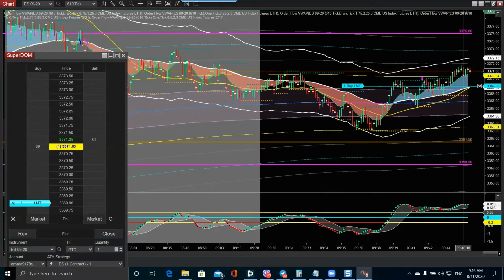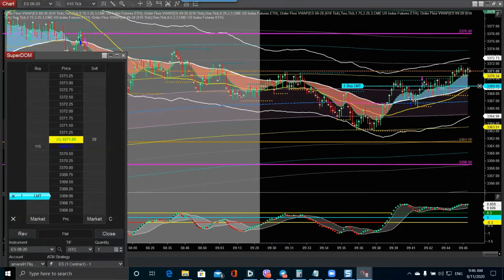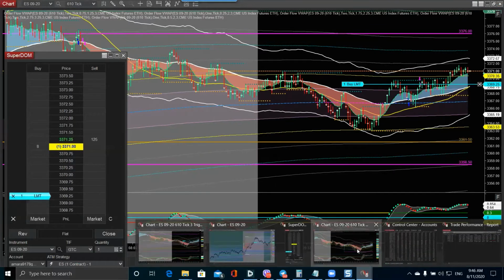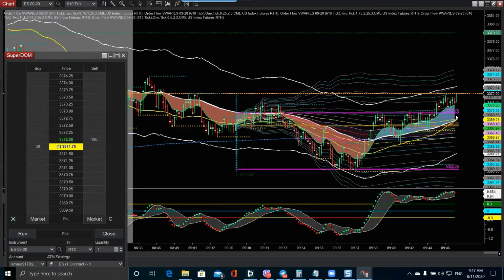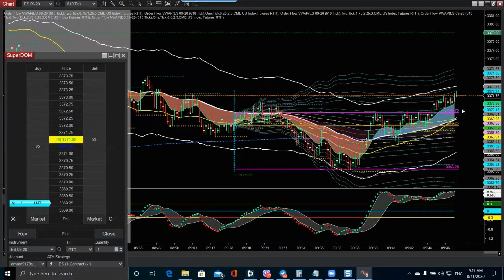We're still above the plus 3. Now, according to this intraday, we're above the value area. So this is going to be maybe getting up to here, then come back down.